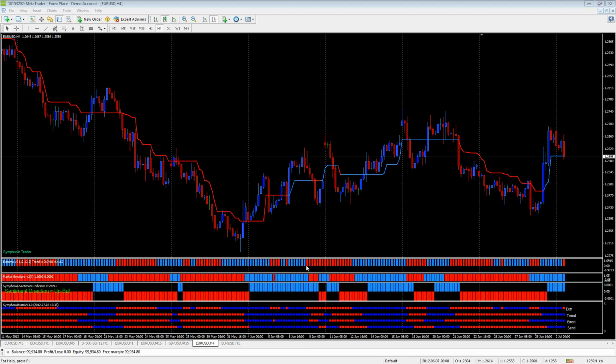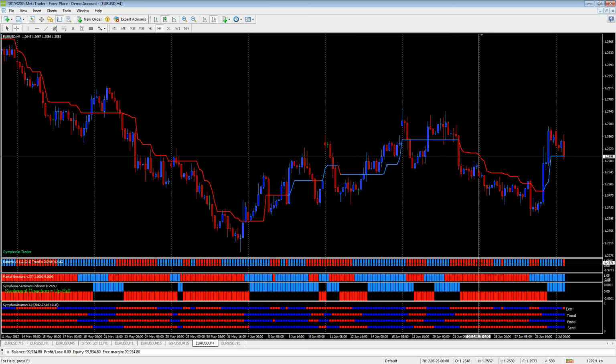And why the extreme? Because you see that usually it's the fastest indicator. Usually, not always, but you can see that here it changes first from red to blue, and it changes first from blue to red, the same here.